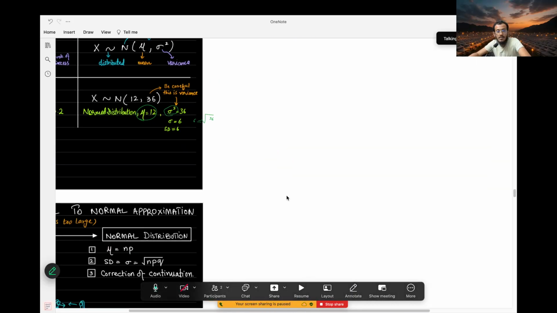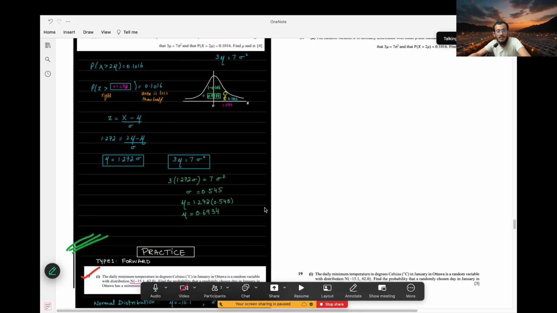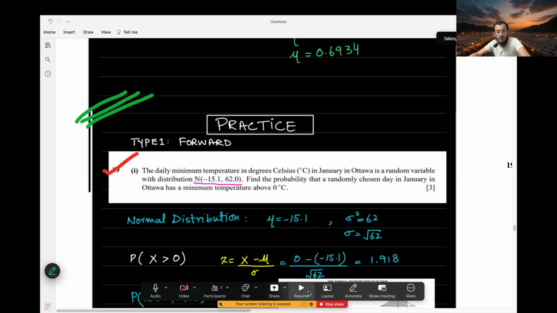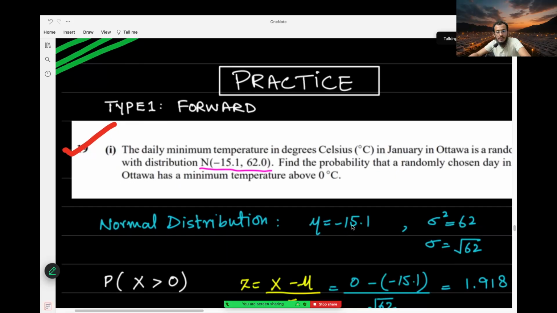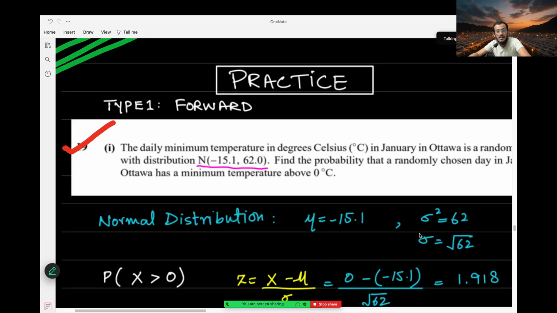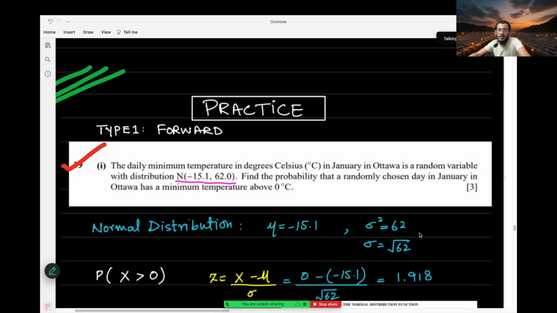Similarly, if you have understood this, then I think you would be able to solve this question. They have given us mu, which is negative 15.1, and sigma squared to be 62, which means standard deviation is root 62. So now you understand how to solve this question?